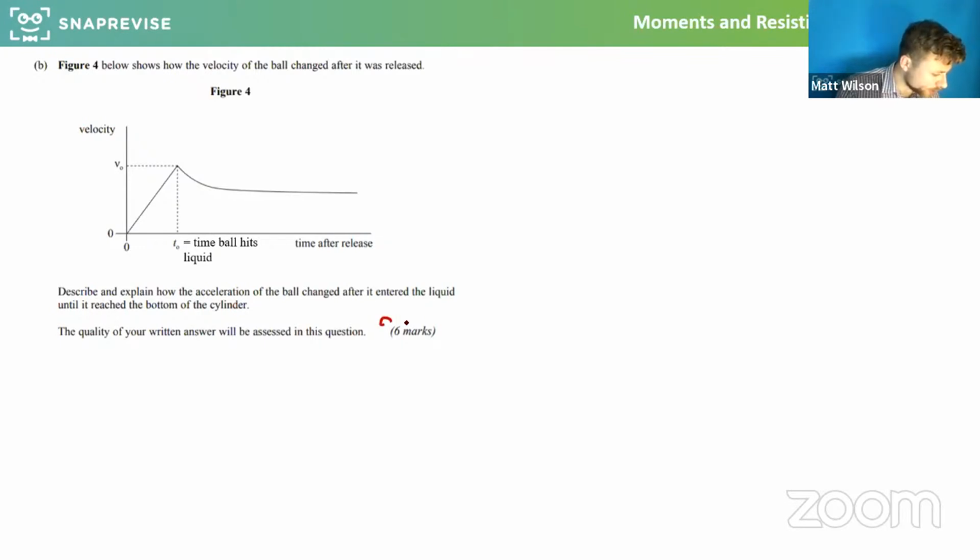Notice that there's 6 marks here, so it's going to be quite a long answer. And notice that it's a describe and explain question. So there's 6 marks available, describing and explaining. Probably we need to describe about 3 things and give an explanation for each of those 3 things. And altogether, that would be 6 points that we've made that would give us about 6 marks.